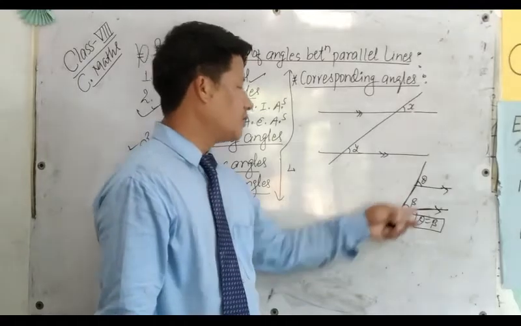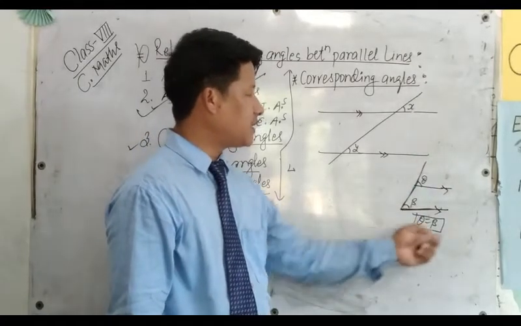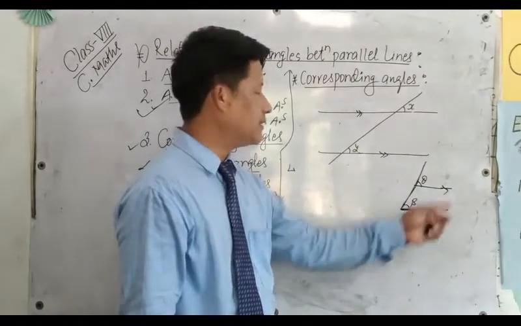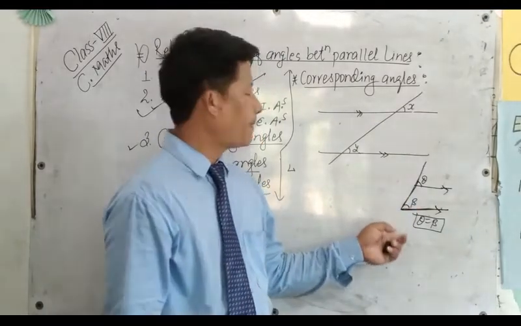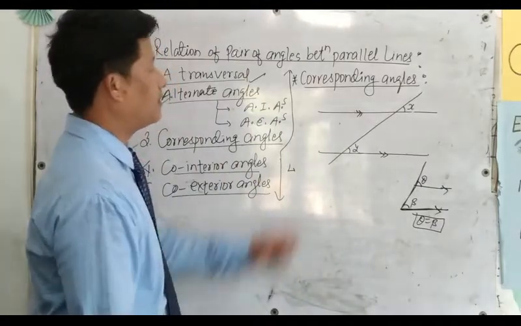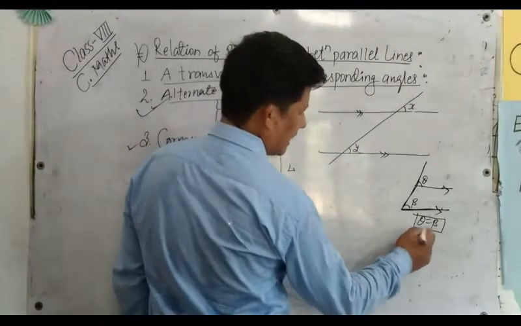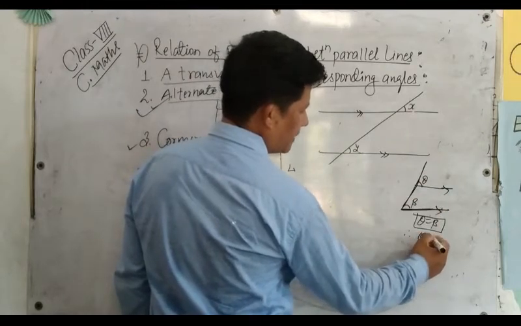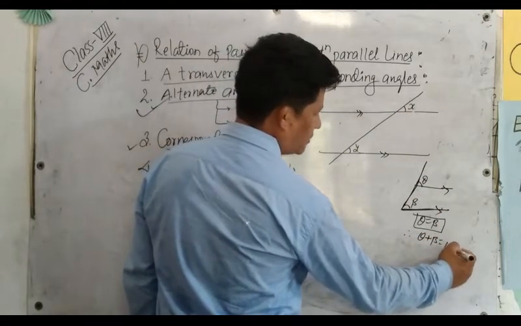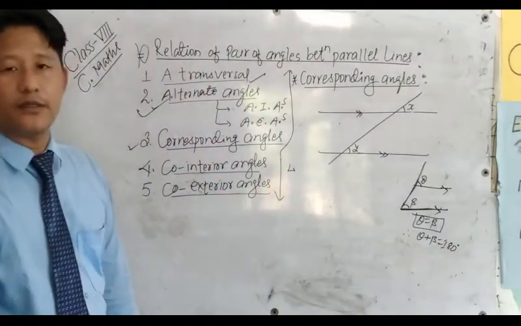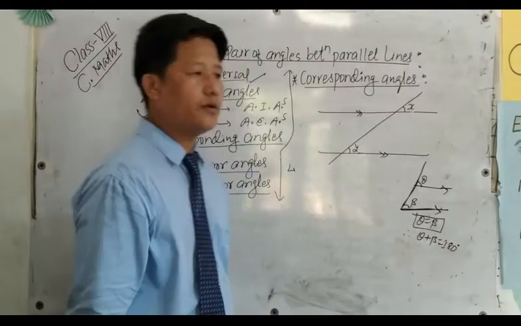The angles which are on this type of position are called corresponding angles. And if the angles are corresponding, then their sum must be equal to 180 degrees.